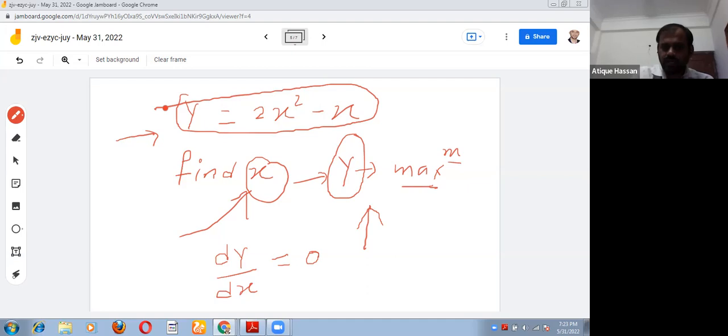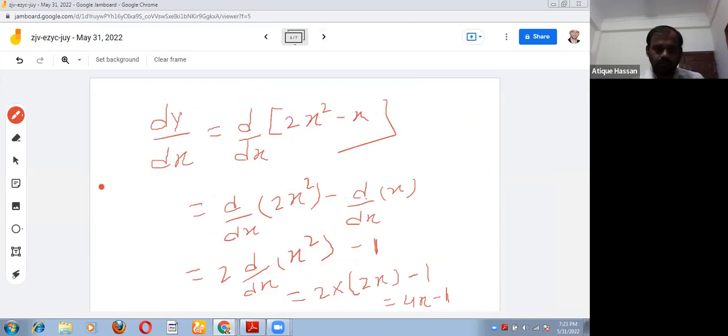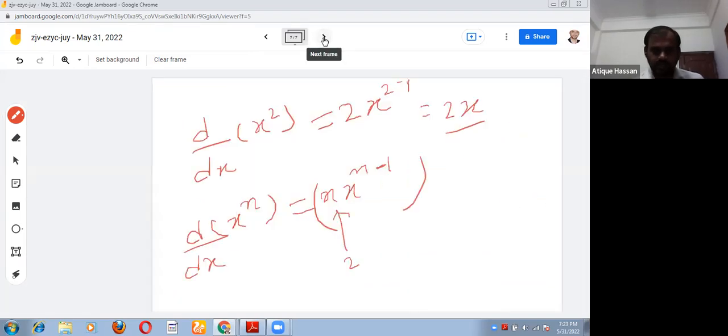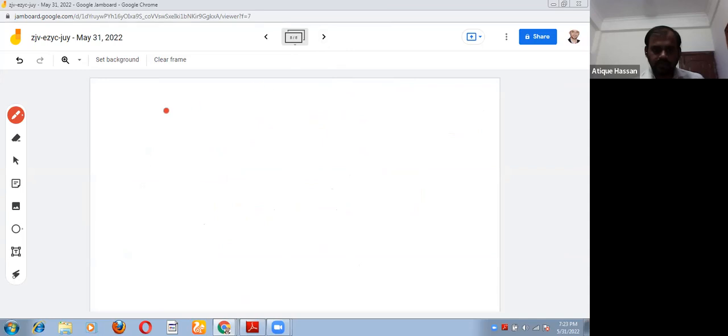So for that, what we did, we differentiated y. That is, we found dy by dx. Then we will put dy by dx equal to 0. Then we will find the value of x for y to be maximum.